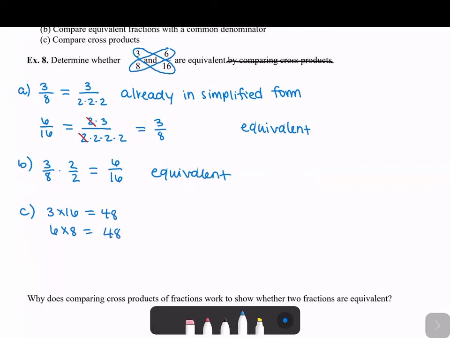So since 48 equals 48, remember that is the reflexive property of equality, we have 3 over 8 equals 6 over 16. Okay, like I said, everything boils down to the fact that we can do all of these things because of all these properties we spent so much time on earlier.